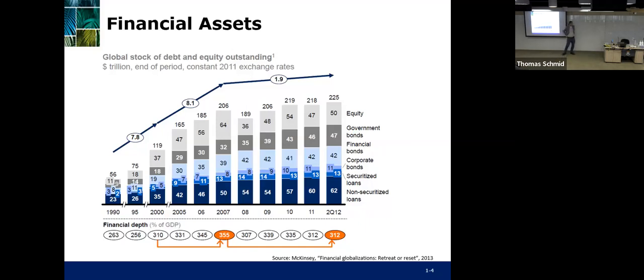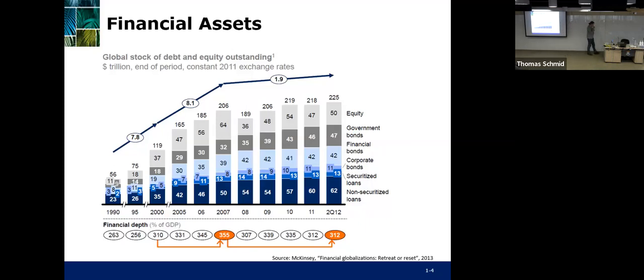There was quite some discussion in the 2000s and early 2010s about what was called the financialization of the world, because people had the impression that more and more is about finance and financial assets. This was driven by the impression that the growth of financial assets was so incredible. Factor 4 within 20 years. 50 to 200 trillion US dollars. So undoubtedly financial assets grew a lot.